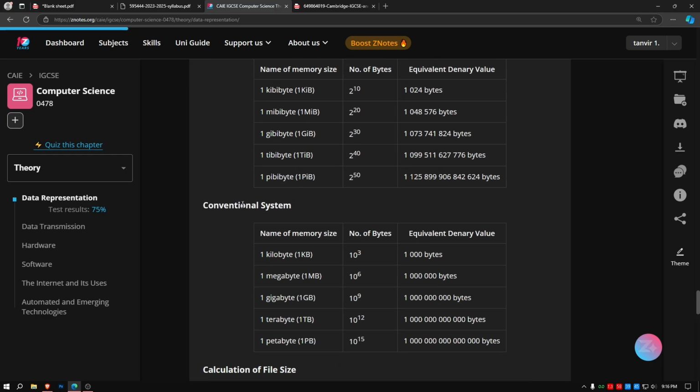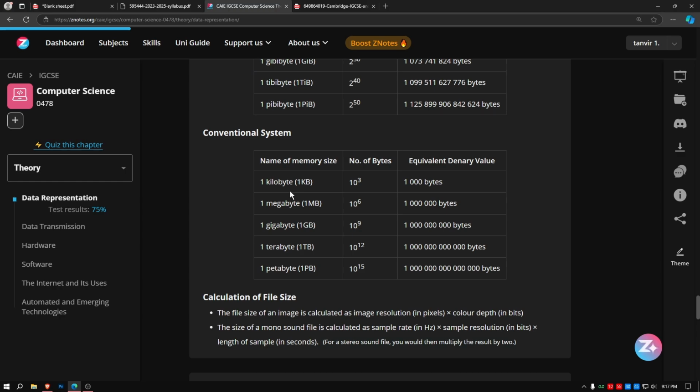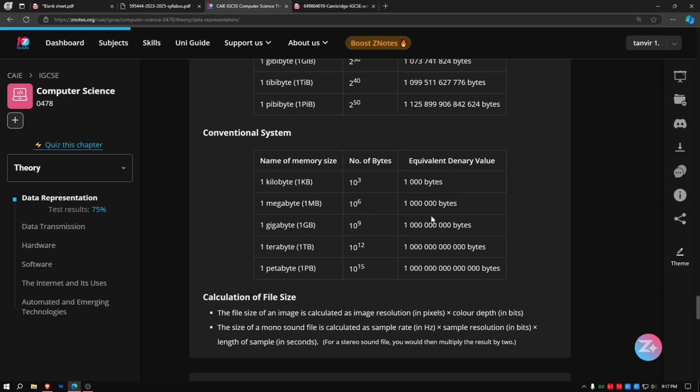This is how files are stored, and normally in marketing, let's say you were going to buy a product that was tech related or had any kind of memory, your memory would probably be marketed in this form, which is kilobytes, megabytes, with standard whole numbers. So basically zero at the end.